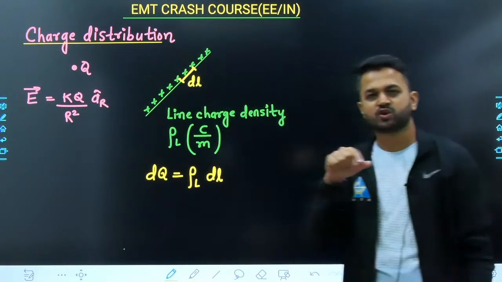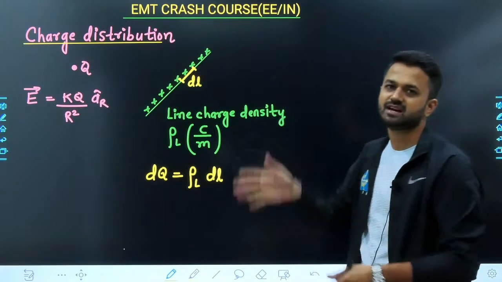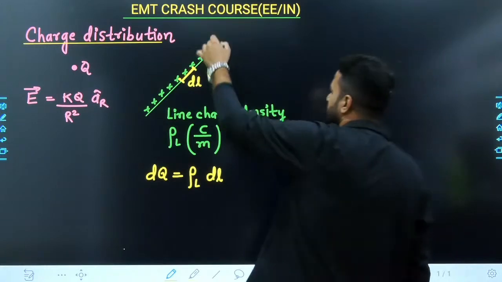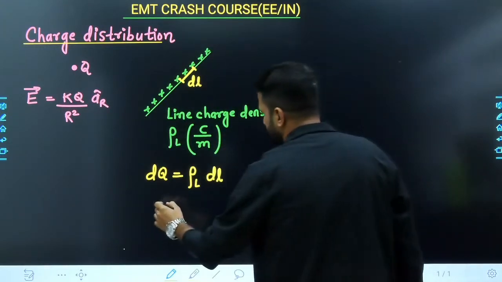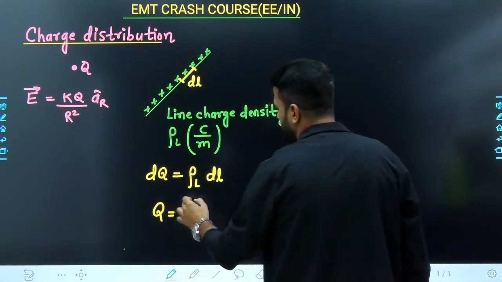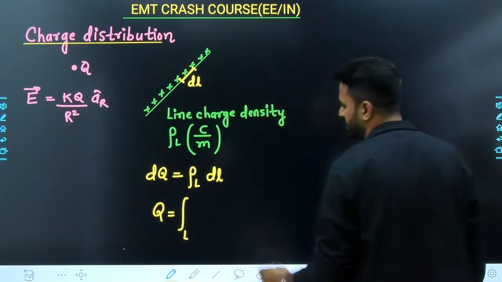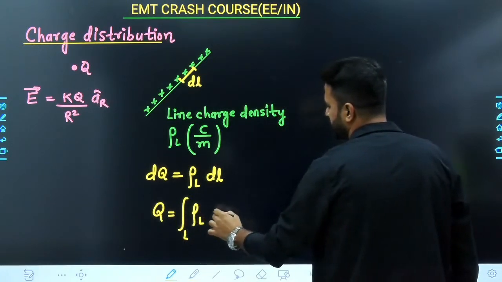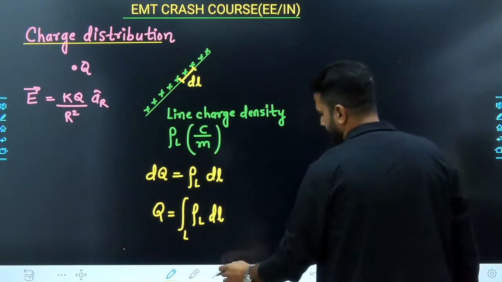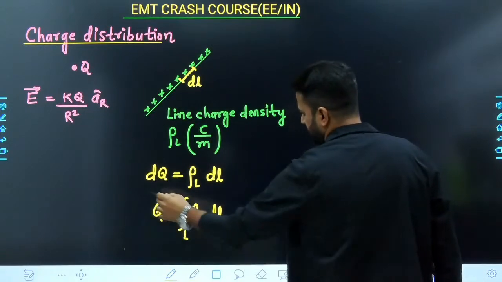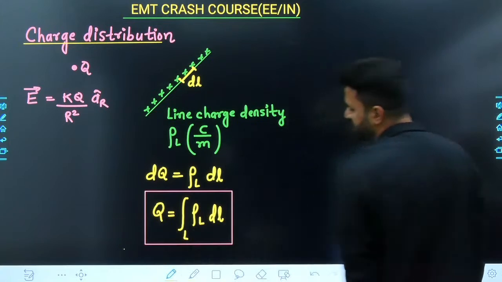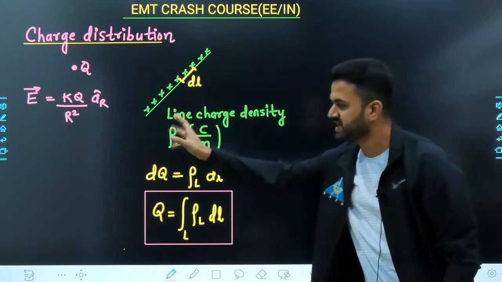But if you want to find the total charge present in the line, the total charge Q is the integration over the length L of ρL into dl. This is the total charge present in the line.